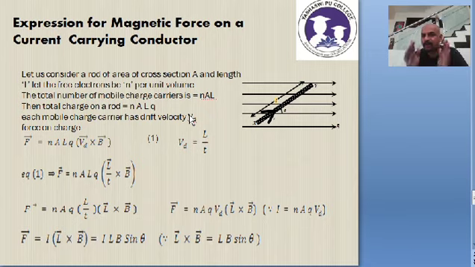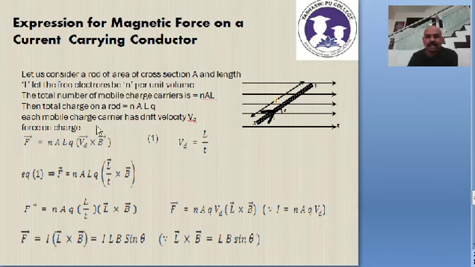So n into the volume of the conductor represents the total number of free electrons, the total number of charge carriers present in that conductor. nAL into q represents the total charge corresponding to the free electrons, and that is equal to nALq.